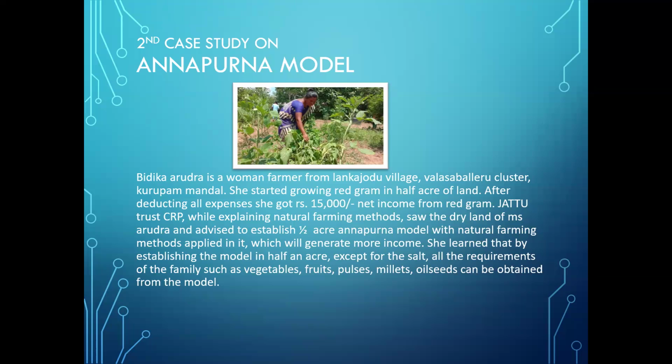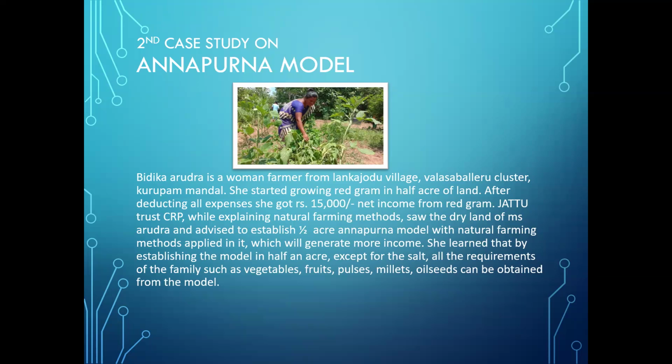After deducting all expenses, she got 15,000 rupees net income from red gram. Then Trust CRPs, while explaining natural farming methods, saw the dry land of Ms. Arudra and advised her to establish a half-acre Annapurna model with natural farming methods, which would generate more income.